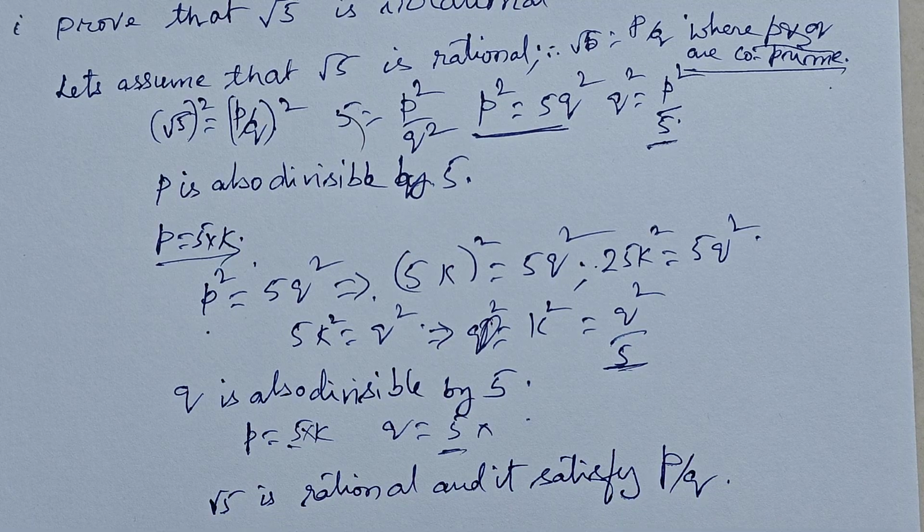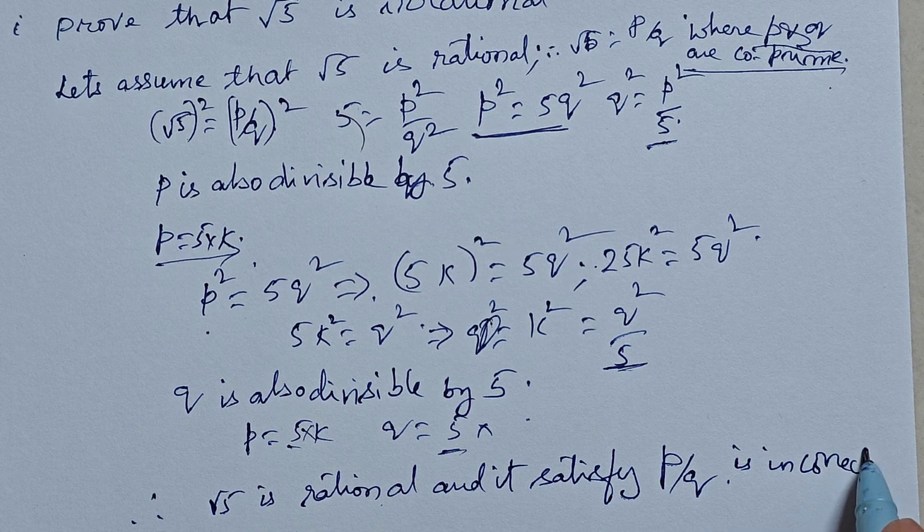This assumption, okay. Therefore, the assumption that square root of 5 is rational and it satisfies p by q is incorrect. What does it mean? It means our assumption is wrong. Therefore, root 5 cannot be a rational number.